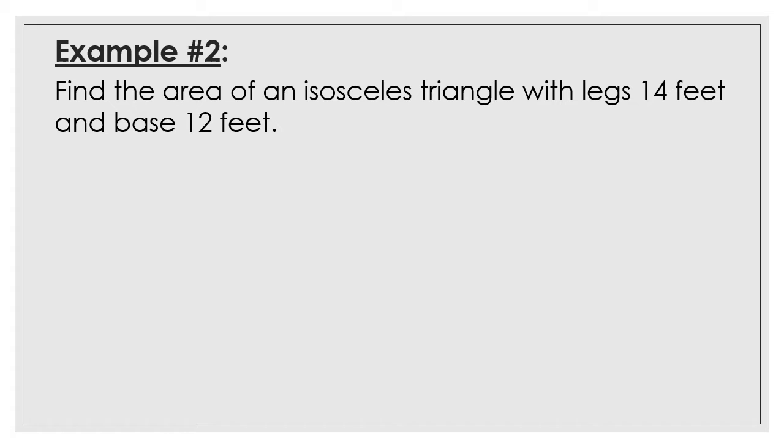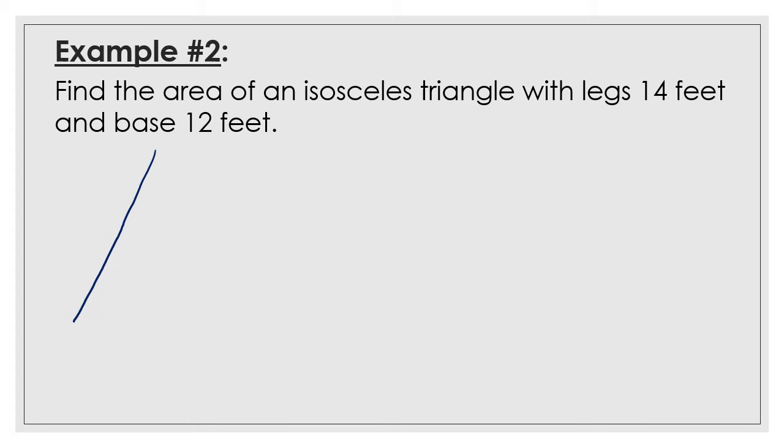The Pythagorean theorem is often used to solve other types of problems. There's a lot of real-world application out there using the Pythagorean theorem, and it's very relevant on every single ACT. So for example 2, we're going to find the area of an isosceles triangle with legs 14 feet and base 12 feet. You know how I feel about this.